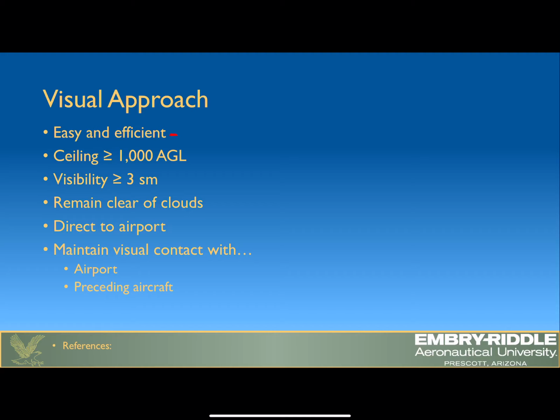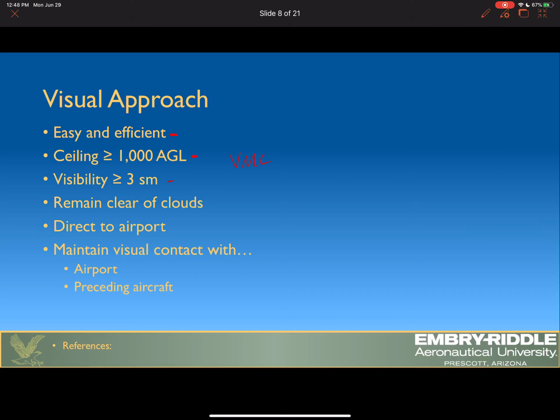Or more appropriately put, the ceilings are greater than 1,000 feet AGL and the visibility is greater than 3 statute miles. So that means we have VMC, visual meteorological conditions. So essentially you would approach the airport, you would be listening or get the weather information and you would find out, hey, I have VMC.